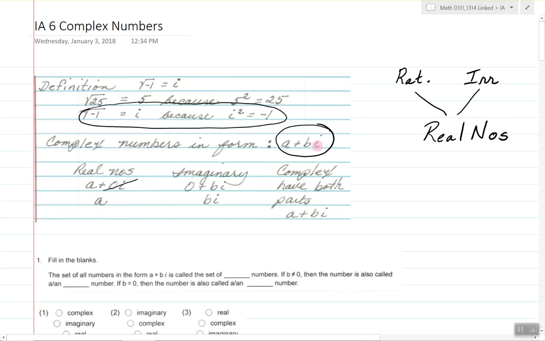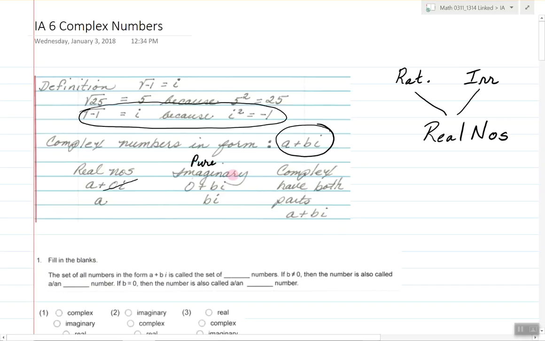If instead the a is 0, then you have no real part, and many textbooks call these pure imaginary. But complex numbers usually have both parts.